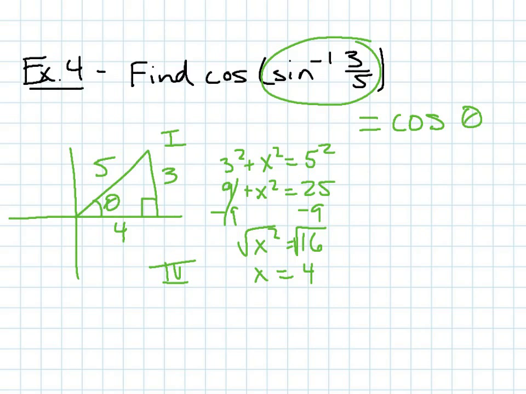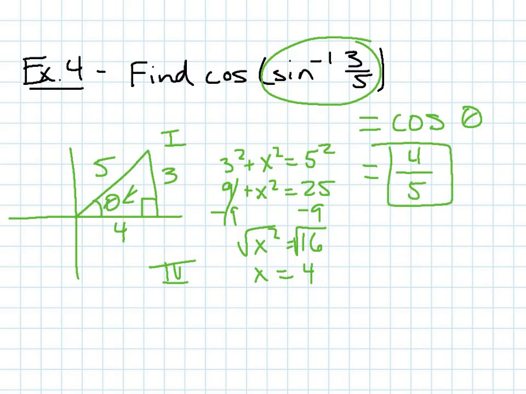We really don't know theta, but we don't care because we've already drawn the picture for theta. And so the cosine is just going to be the adjacent side over the hypotenuse. So for this angle, the adjacent side is 4 and the hypotenuse is 5.